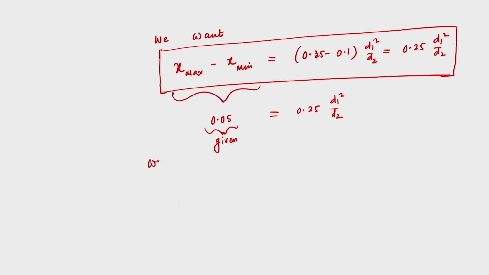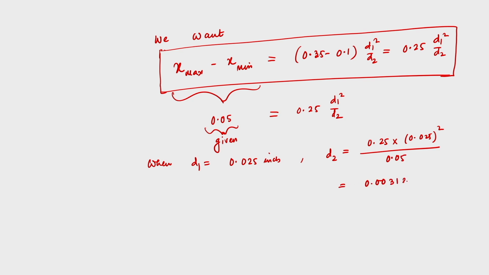Now, when d1 is given, that is 0.025 inch, then d2 will be 0.25 into 0.025 square divided by 0.05, that is 0.00312 inch.